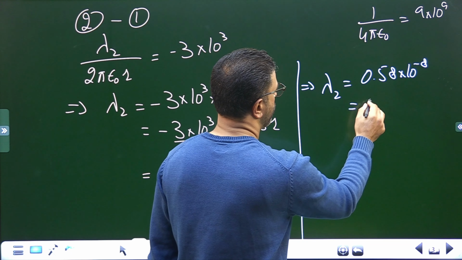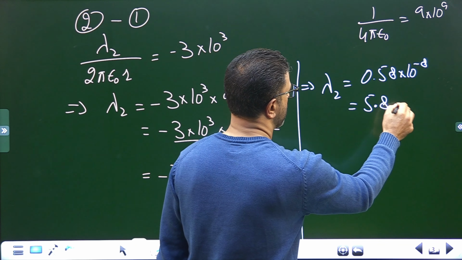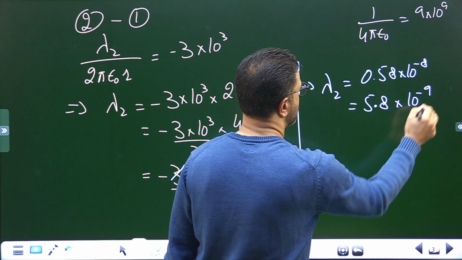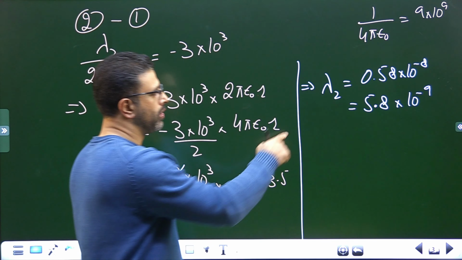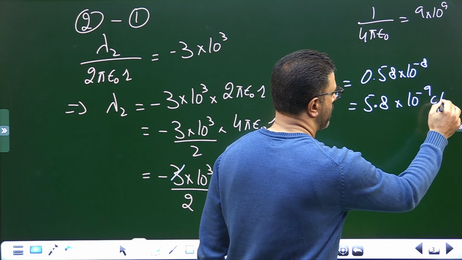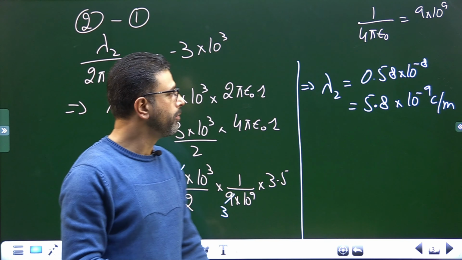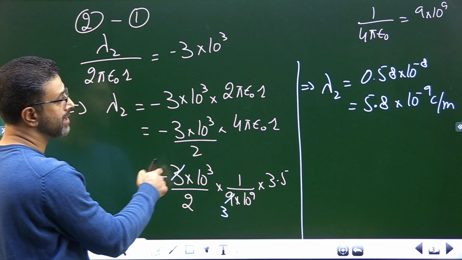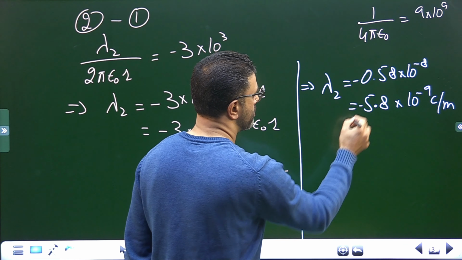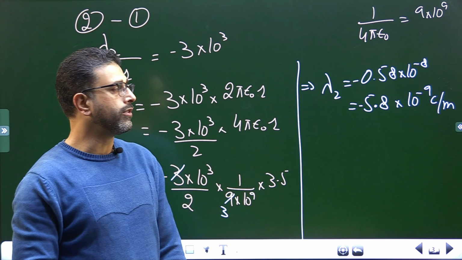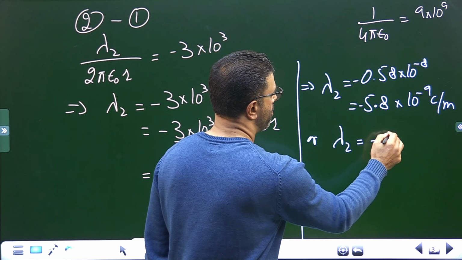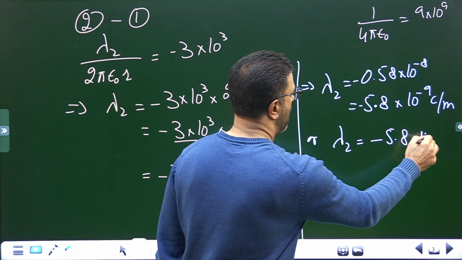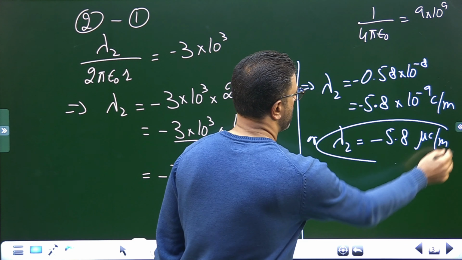Or I can write 5.8 into 10 to the power minus 9. We have used everything in the SI system, so the unit will be coulomb per meter. And the minus sign also, this minus sign here. So lambda 2 is equal to minus 5.8 into 10 to the power minus 9, or minus 5.8 microcoulomb per meter.